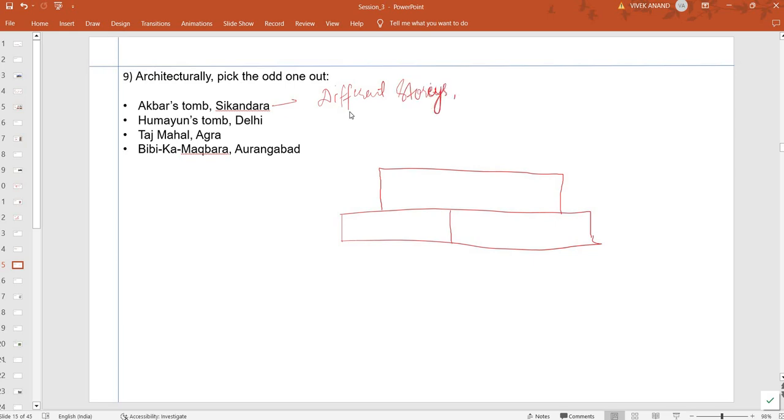Stories, Bangla roof. Okay, mix of marble, sandstone. Humayun's tomb is completely built of which material?